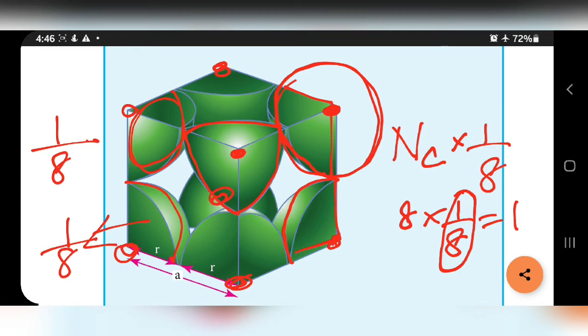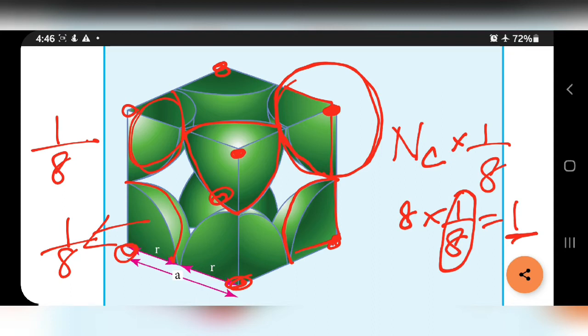So totally how many? 8 atoms. So 8 into 1 by 8, that is equal to 1. If you collect all these 8 corner partial atoms, you will get one full atom. That is the meaning of this.